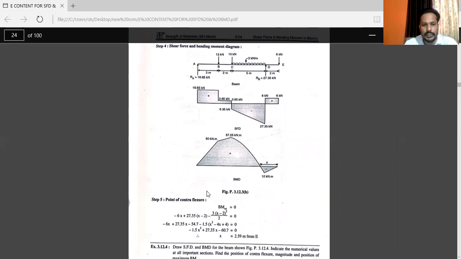Here I am explaining. See, consider this point as the XX section. Now, just take a faint line and draw the XX section here.